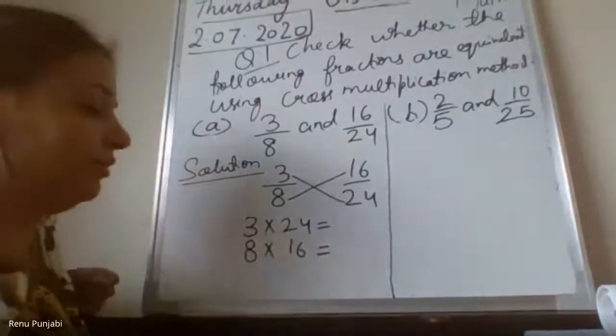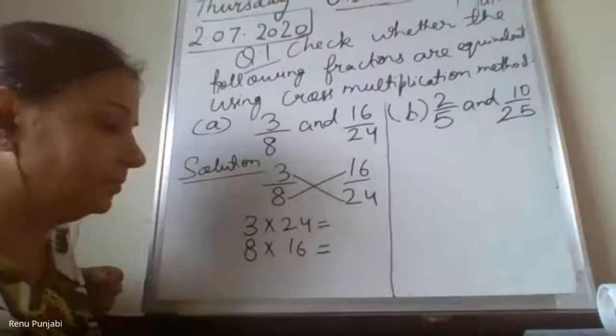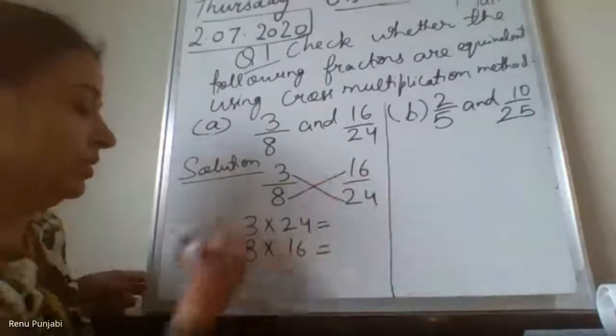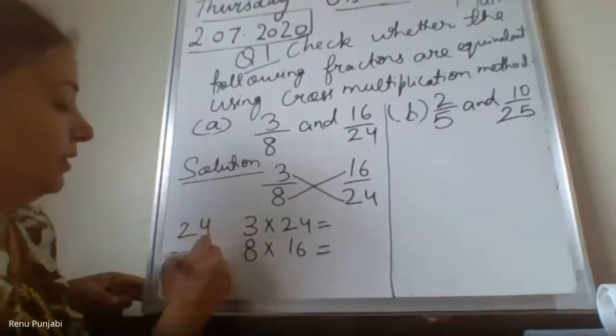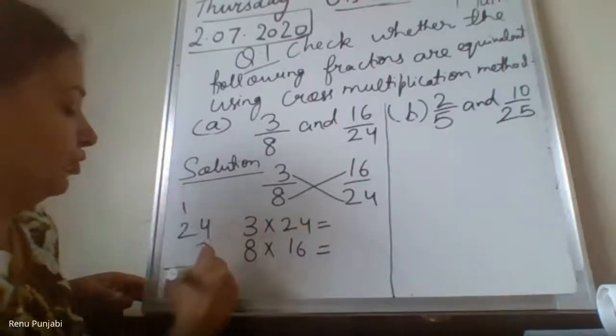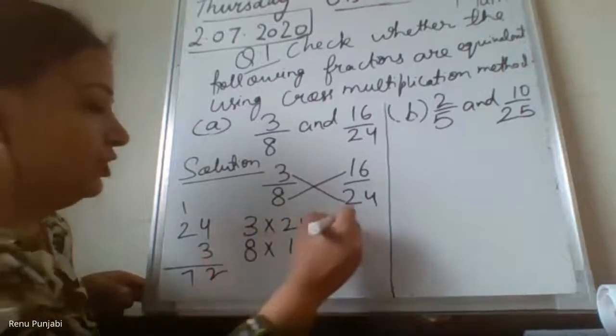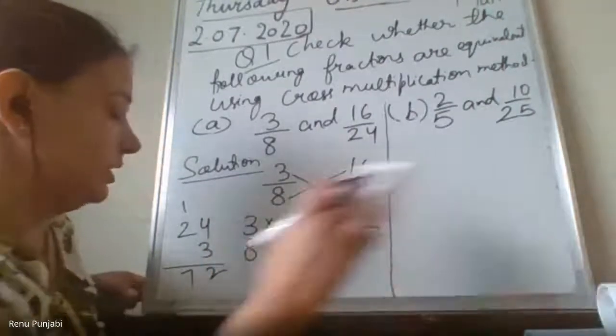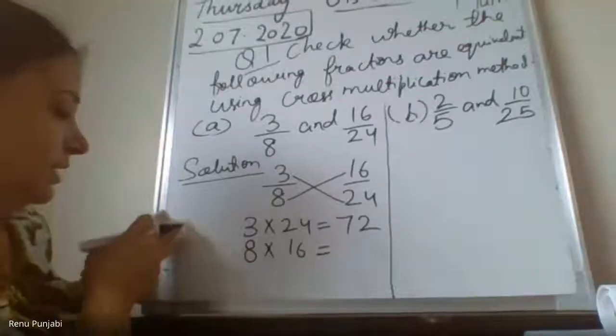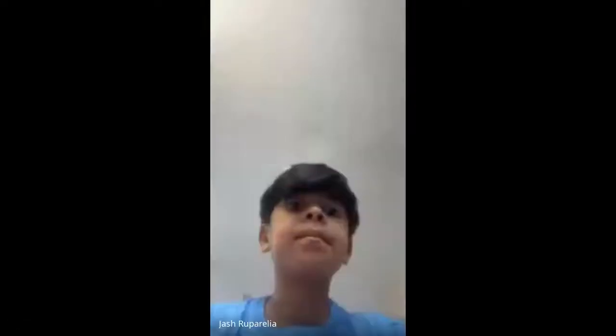24 multiplied by 3 is what? 72. 24 multiplied by 3, I can check here: 4 threes are 12, 2 threes are 6, so 72. Very good. Now 16 into 8. Tell me what is 16 into 8? 128.